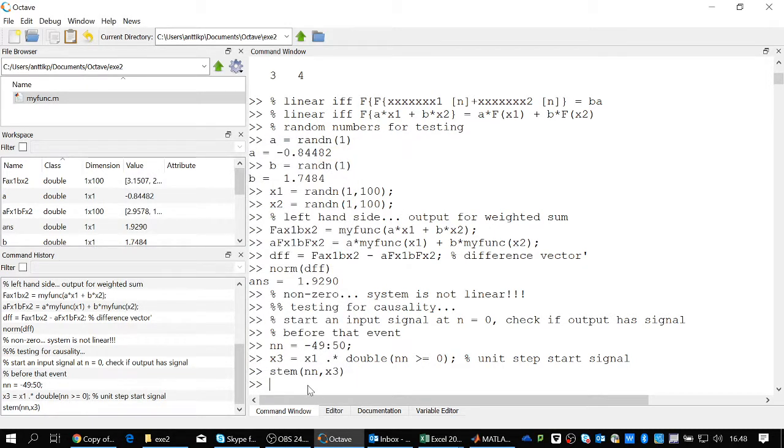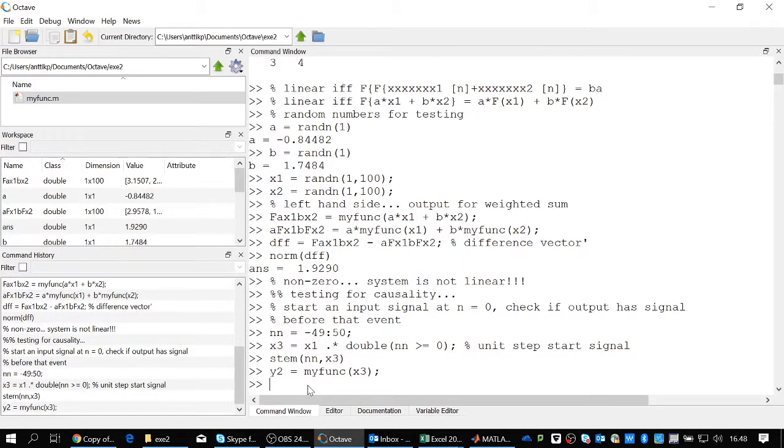Then we will see what happens on my function for this one. So we take y2 equals my func h3, and we test for the negative index values only.